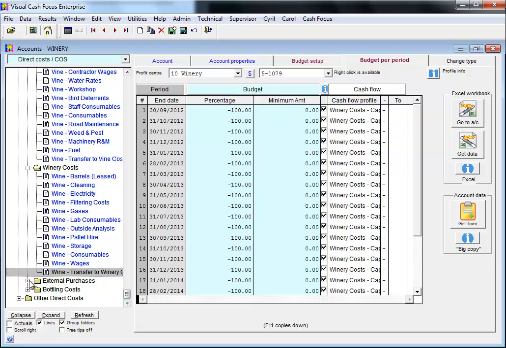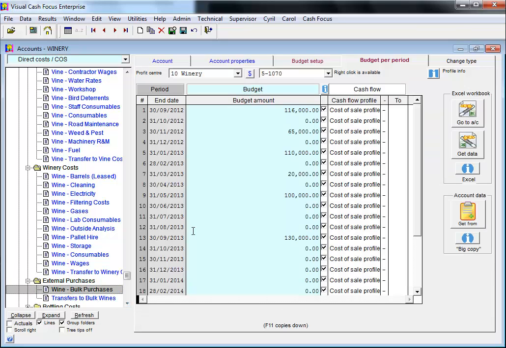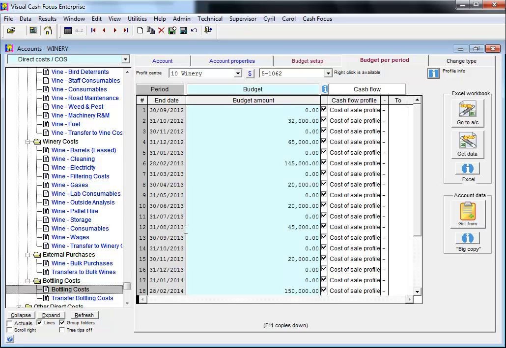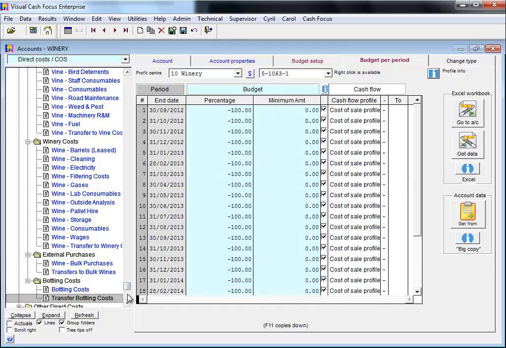External purchases from other growers top up bulk and bottled stock inventory accounts to prevent inventory shortfalls. Bottling costs, including labels and bottles, are transferred directly to finished bottled stocks.